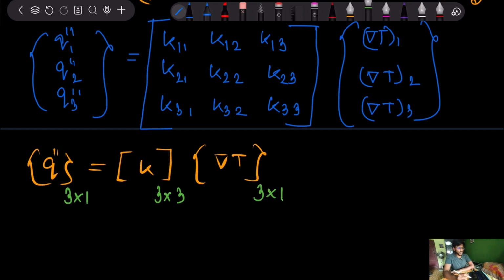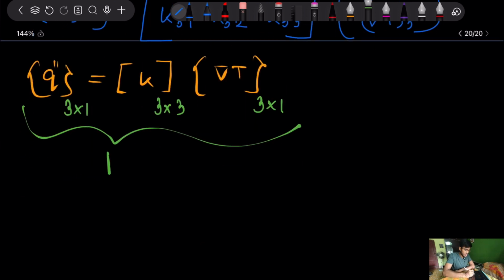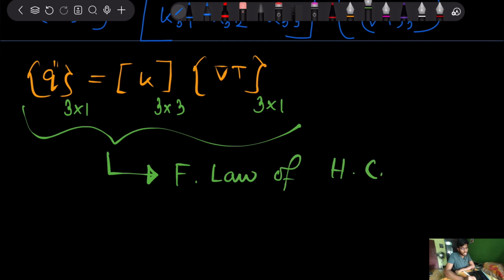So this is the Fourier's law of heat conduction in three dimensions.